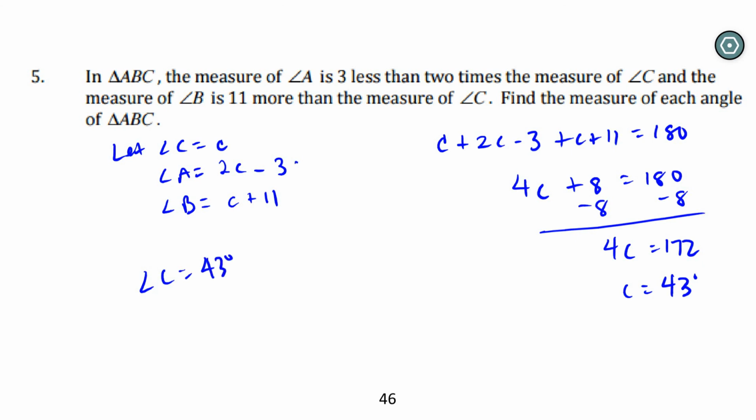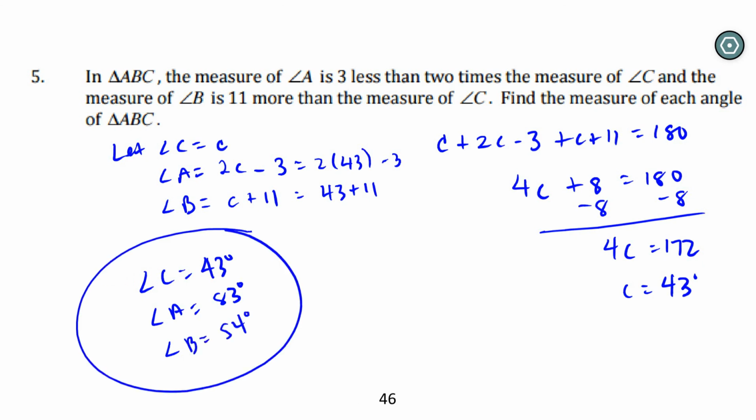To find angle A, I would do 2 times 43 minus 3, so that's going to be 83 degrees for angle A. And angle B is just going to be 43 plus 11, so angle B is going to be 54 degrees. Quick check, those 3 angles add to 180, so we are all set.